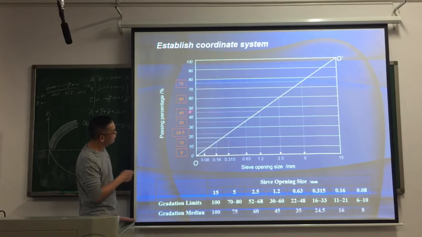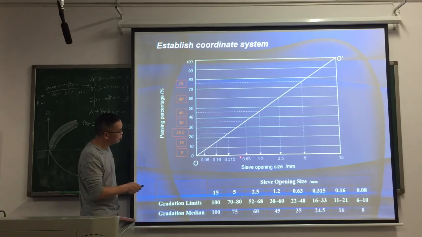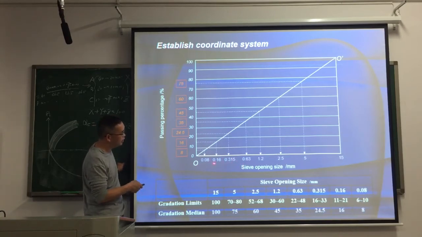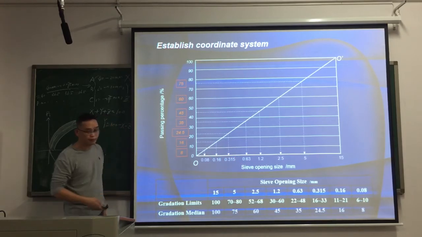And 45 is for the 1.2. And 35 is for 0.63. And 24.5 is for the 0.3. So for each size, we can decide the place. We can decide the site of the sizes here.